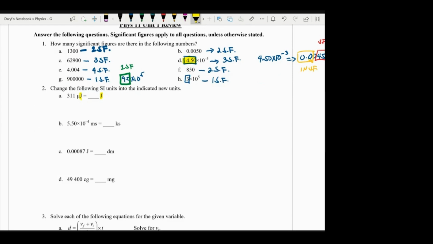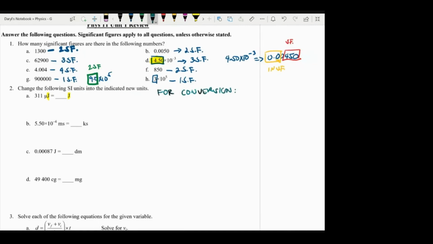Okay. So for conversion of units, it's always good to follow this diagram. What you have, you're gonna multiply it with your conversion factor, wherein the one would be on top, and then the bottom part would be what you have.